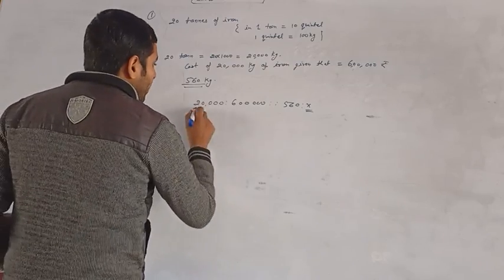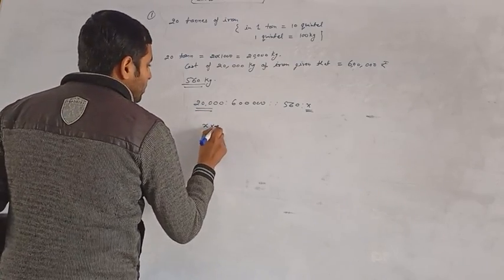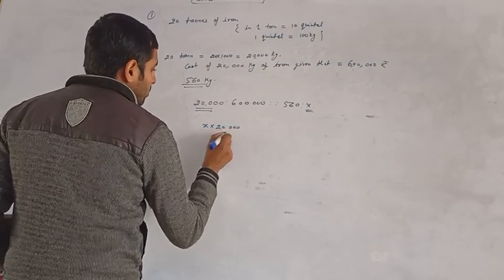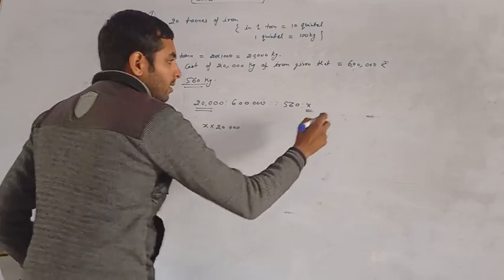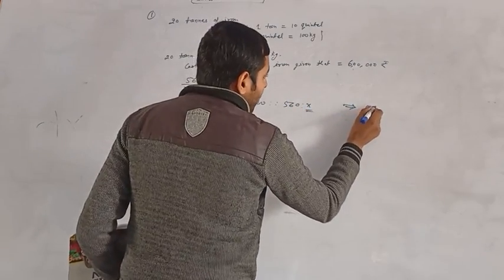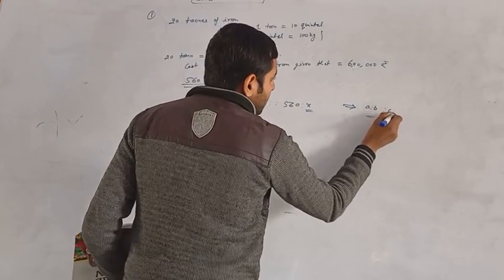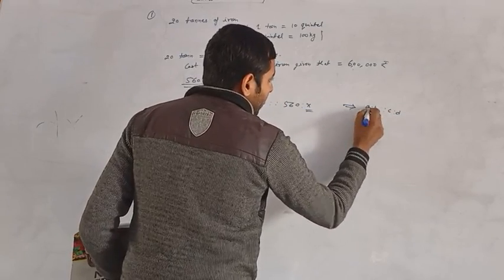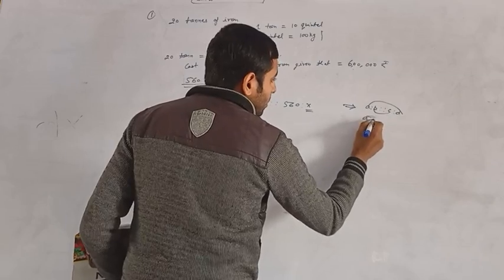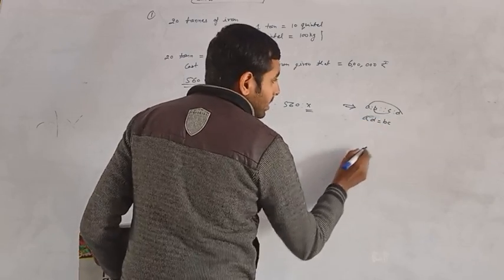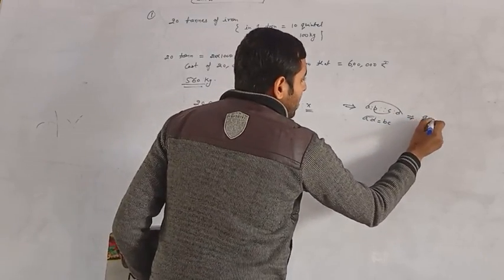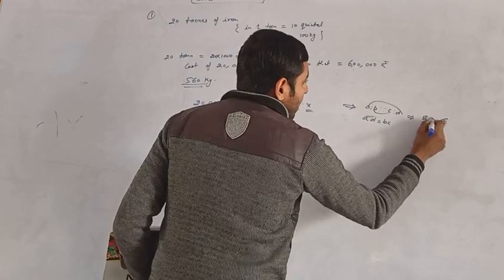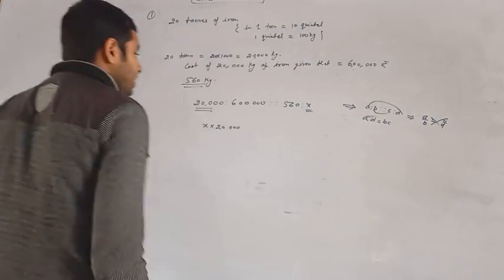By the formula, A ratio B proportion C ratio D, then A into D is equal to B into C, or this can also be written as A by B is equal to C by D. By cross multiplication we get AD is equal to BC.